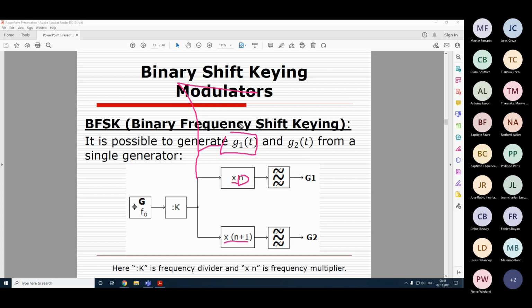We can even make this depend on our data. So for example, this will be for symbol 1 and this will be for symbol 0, and there are such so-called frequency synthesizers which generate different frequency signals depending on the data input. And this is basically already the complete binary frequency shift keying modulator.